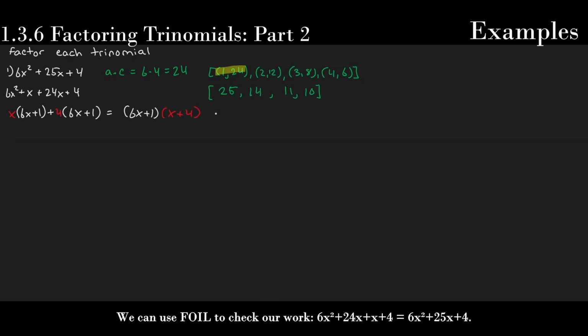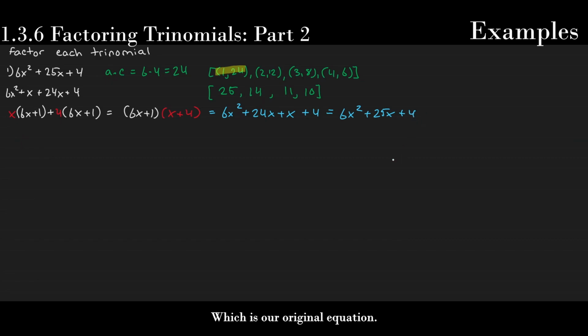We can use FOIL to check our work. 6x squared plus 24x plus x plus 4, which simplifies to 6x squared plus 25x plus 4, which is our original equation.